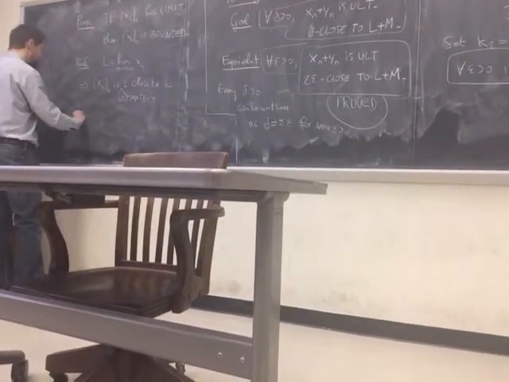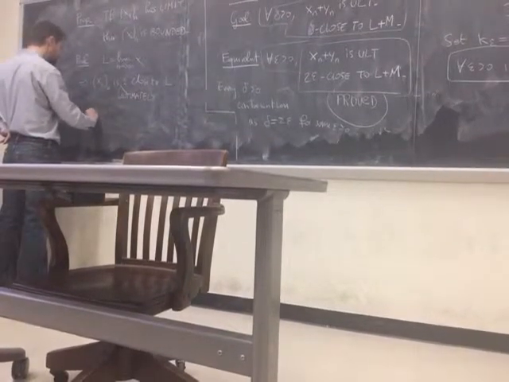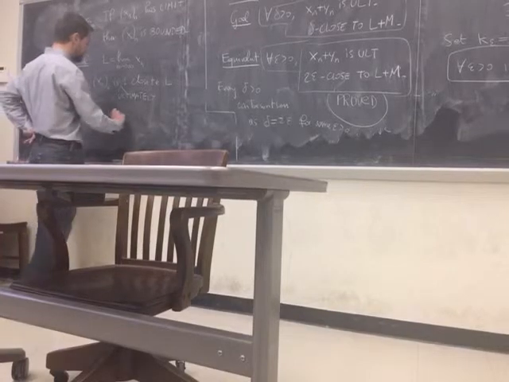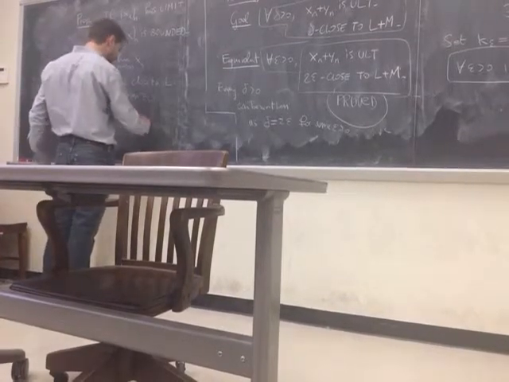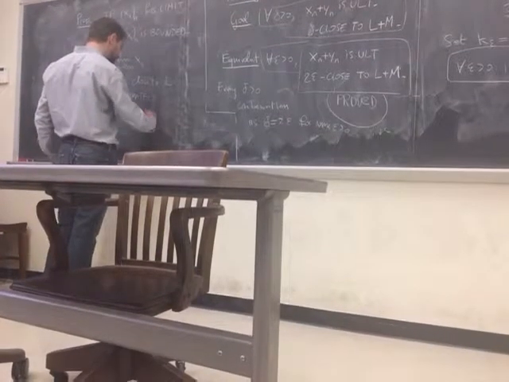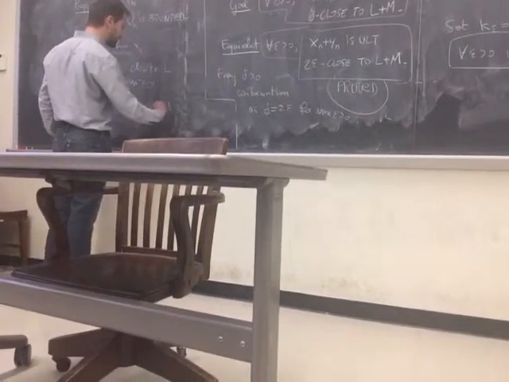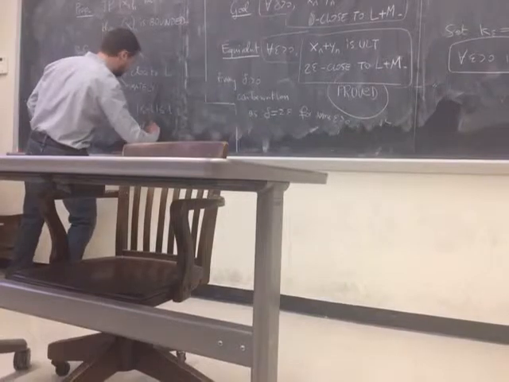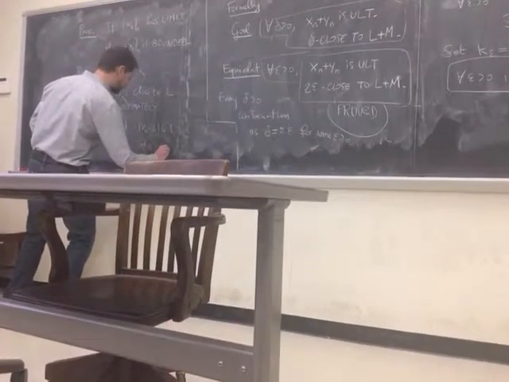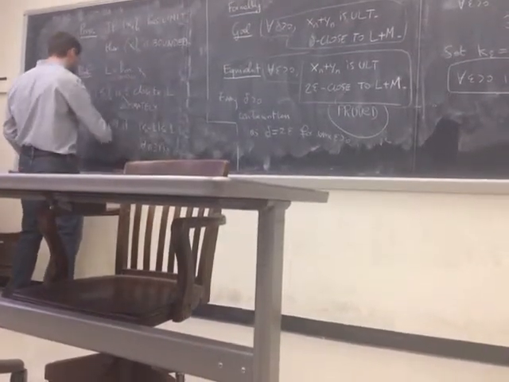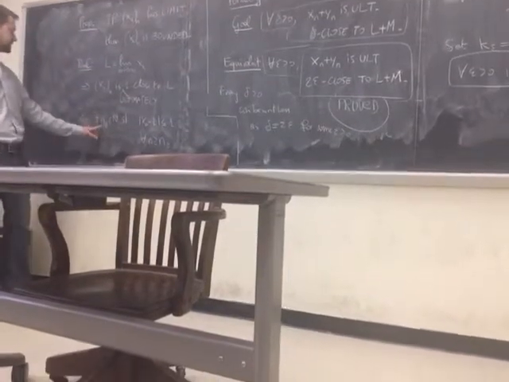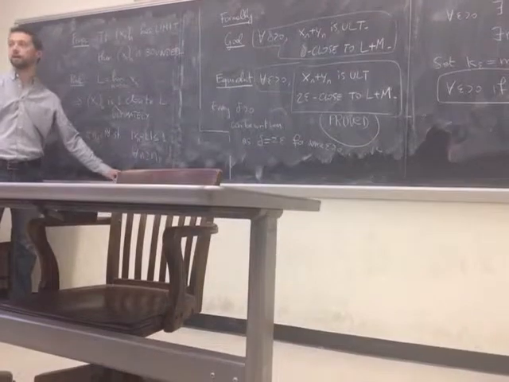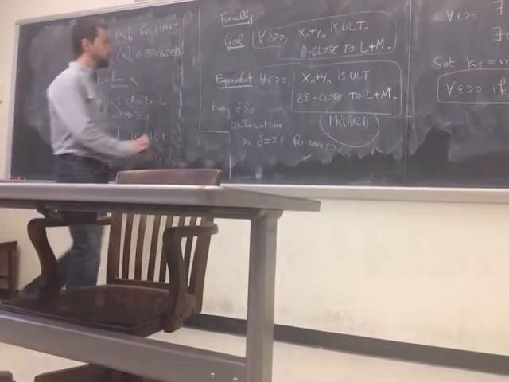This is equivalent to saying that there exists a threshold such that |xn minus L| is less than 1 for every n large enough. Let me call this n0. So there exists an n naught such that we are one close to L for every n larger than n naught. What does it mean?